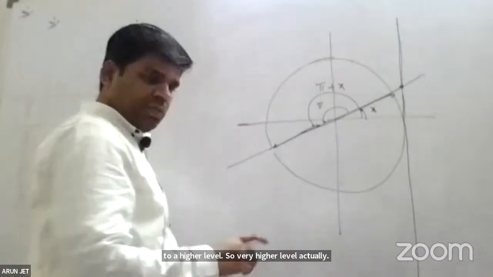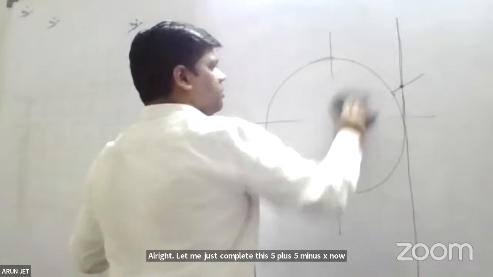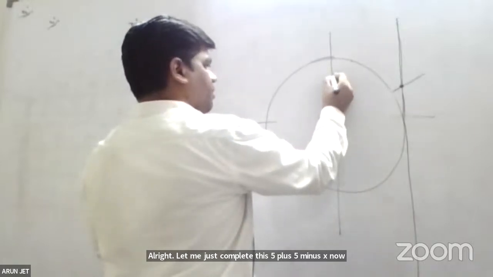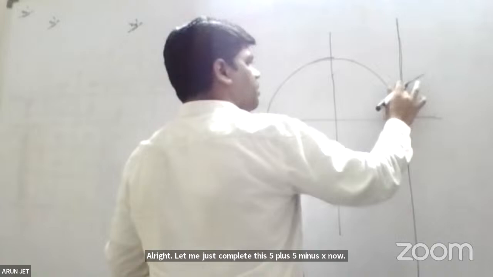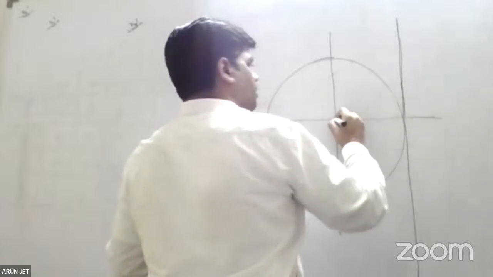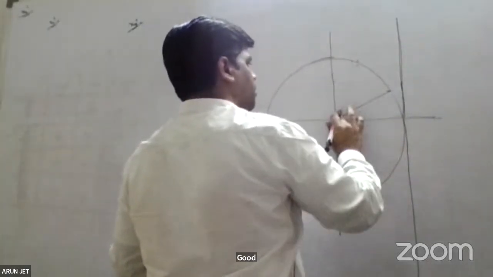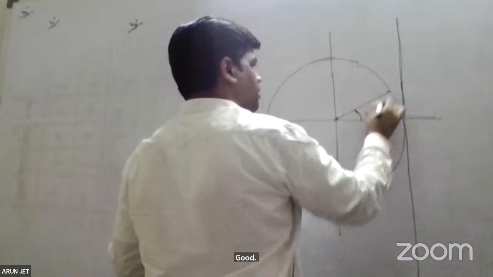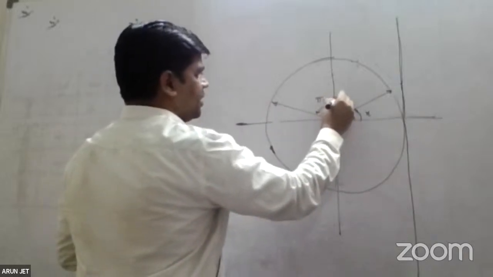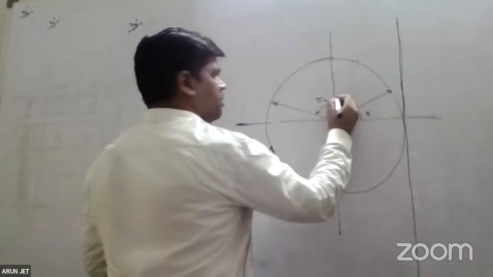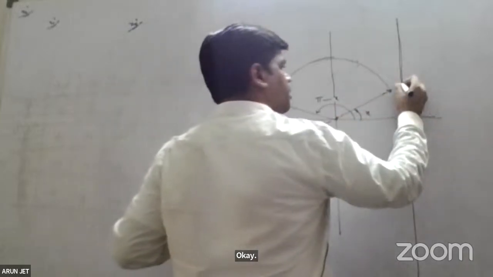All right. Let me just complete this, pi minus X now. I've got X. This is pi minus X. So tan of X is this dot.